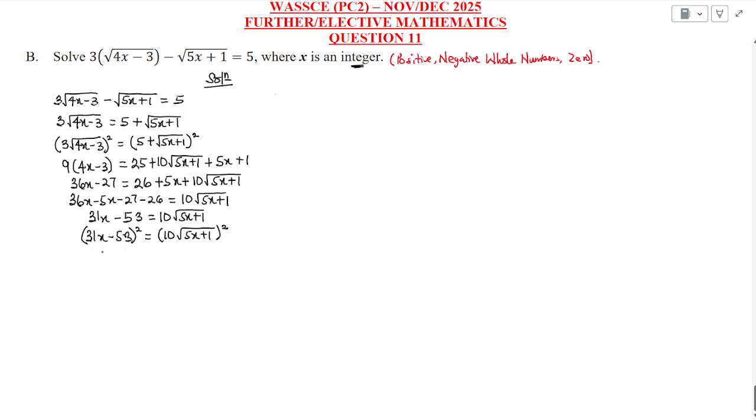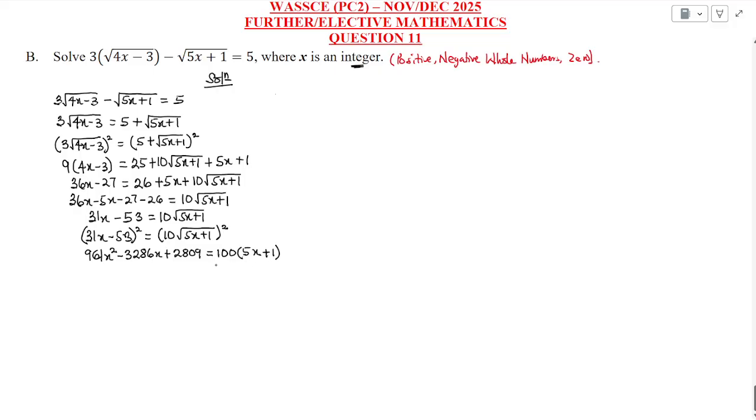Expanding the left-hand side and simplifying it gives me 961x squared minus 3286x, then plus 2809, and this equals 100 multiplying 5x plus 1 when I expand the right-hand side.